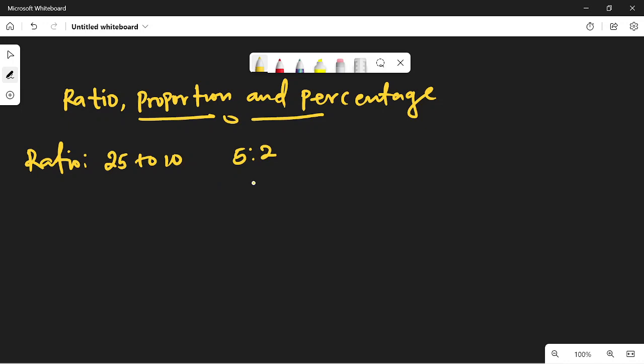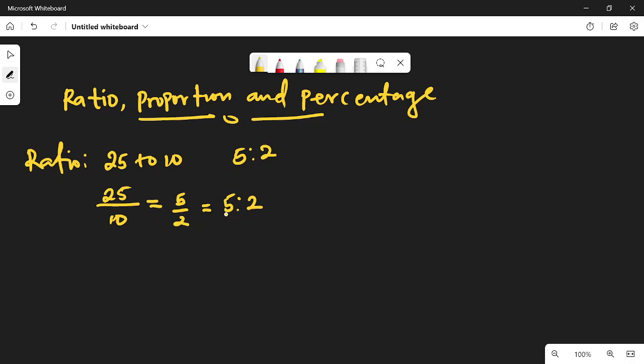Ratio can also be regarded as the result obtained when a number is divided by another. For example, 25 divided by 10 is going to give me 5/2, which I can write as 5:2.